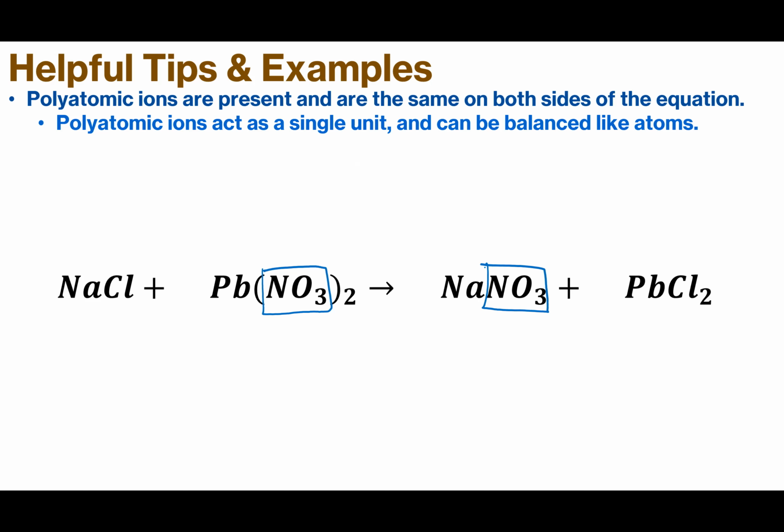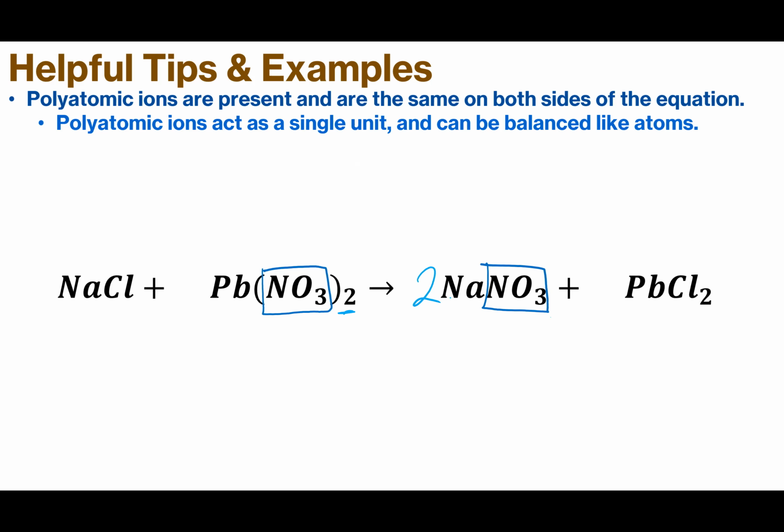Because a polyatomic ion acts as a single ion unit, we can balance it just like it's an atom. We can balance a nitrate as if it's one thing because it's acting as one thing. So when we look at this, there's 2 nitrates on the lead nitrate here. There's only 1 nitrate over here, so we're going to need a 2 there to balance it out.